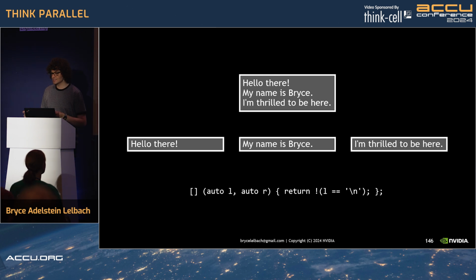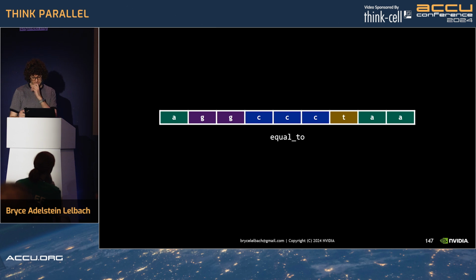So the tricky thing with chunk by is that it works on adjacent pairs of things, which adds a little bit of complexity. So let's look at another example here. We've got a range of 9 characters, and our comparison operation will just be equality. So we're going to group consecutive equal elements together.